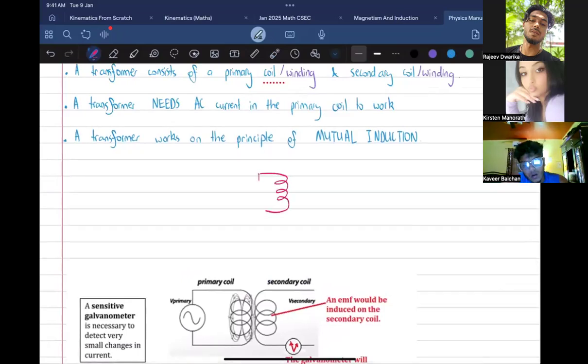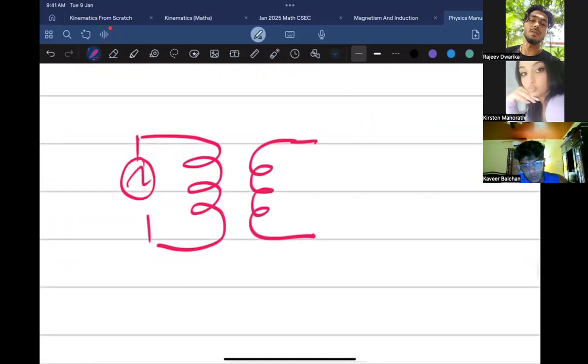So I have a primary coil here and I have alternating current going to it. Because of the alternating current, I'm creating a magnetic field. With alternating current, the current switches, so the magnetic field would change.